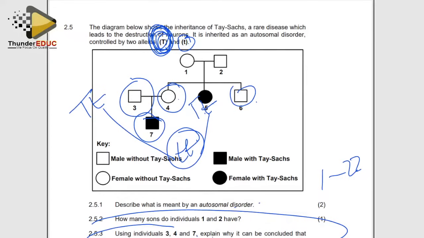Will you get a mark if they say individual 3 and 4 are carriers? You might, but it's better to say they are heterozygous. Yeah, it's better to say heterozygous. They are heterozygous.